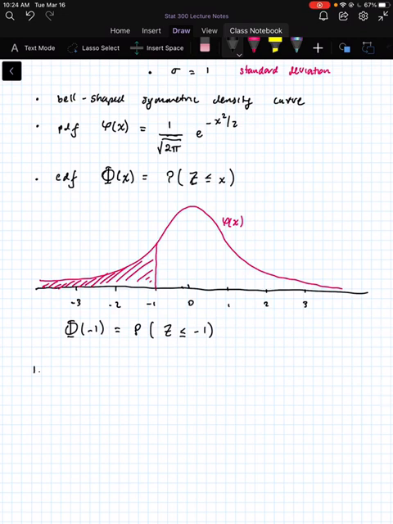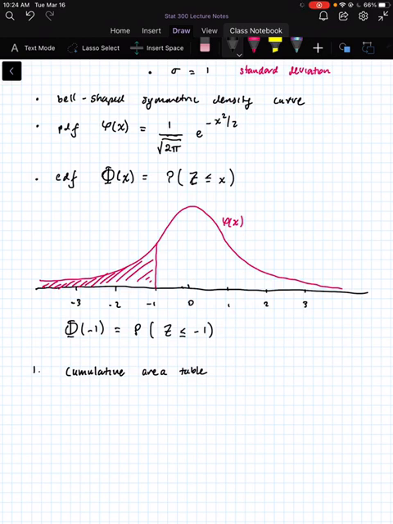So to actually find these values, we have a couple of different tools in our arsenal. The first, which is the more traditional method, is to use a cumulative area table. In another video, we're going to talk about how to actually use a cumulative area table. And there's one in the appendix for this book.